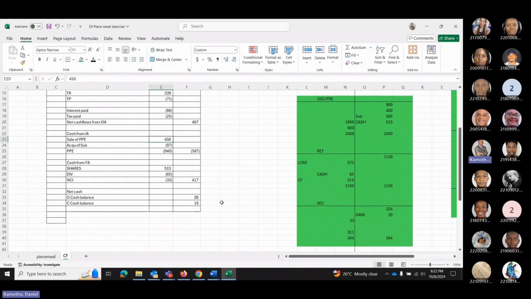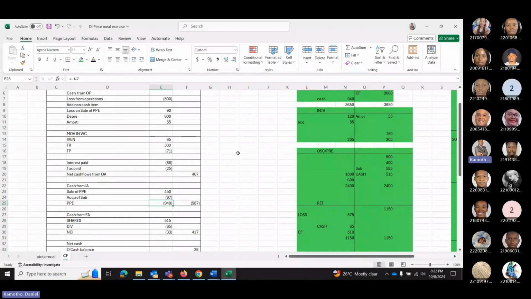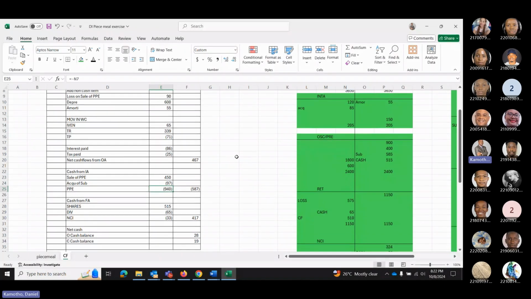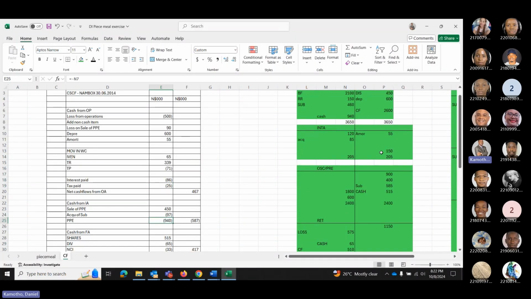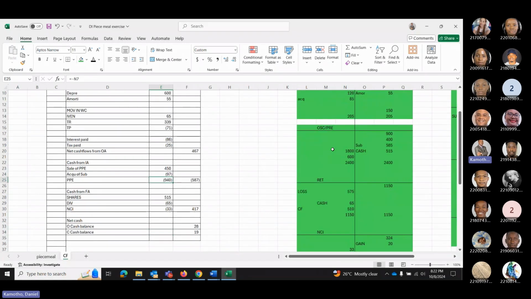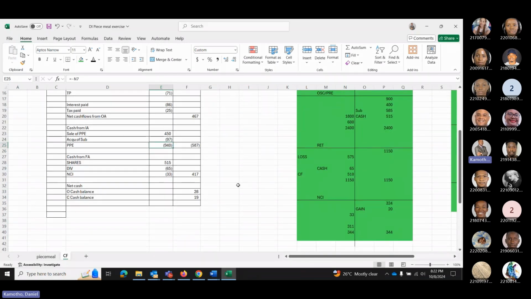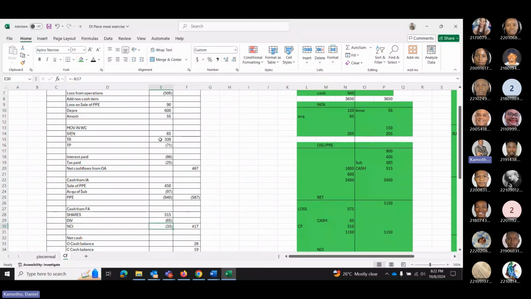Sale of PPE, this is positive. Acquisition of subsidiary, the net outflow, PPE here. Intangible assets, there was nothing there because this is the acquisition under intangible. Issue of shares, we put the inflows there. Dividend paid, non-controlling interest paid.